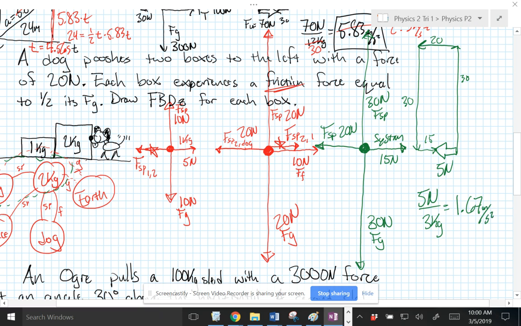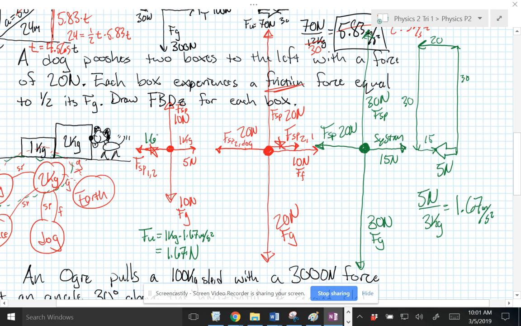Now I can go back in to the other problems and take the mass times that acceleration. And I know the FU for that front object has to be 1.67 newtons. That's not the right units, 1.67 meters per second squared is the acceleration.